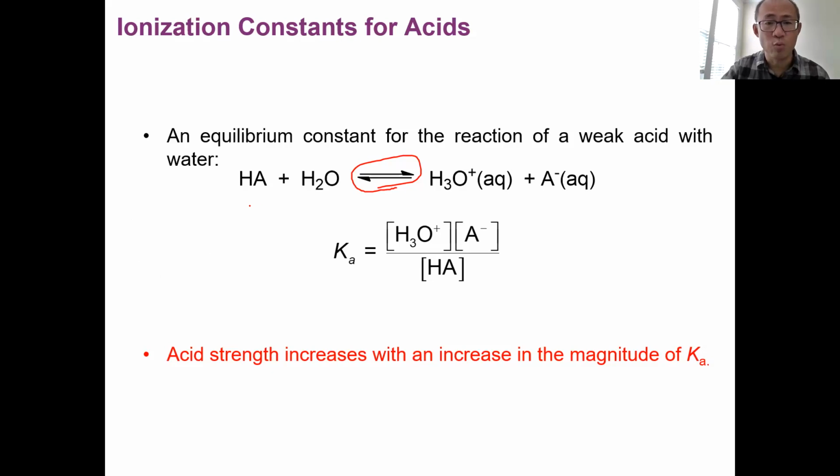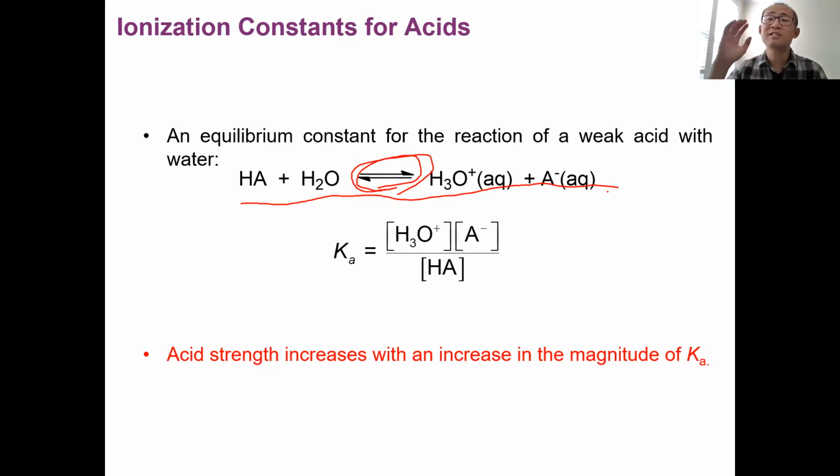Now, let's take a look at this weak acid equation. A weak acid, HA, donates a proton, becomes A minus. Water accepts a proton, becomes hydronium. And we use a double arrow to represent the equilibrium. That's the reaction of a weak acid. HA, of course, is the generic form of a weak acid.